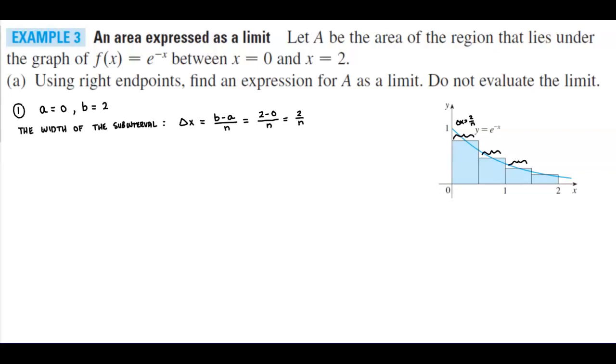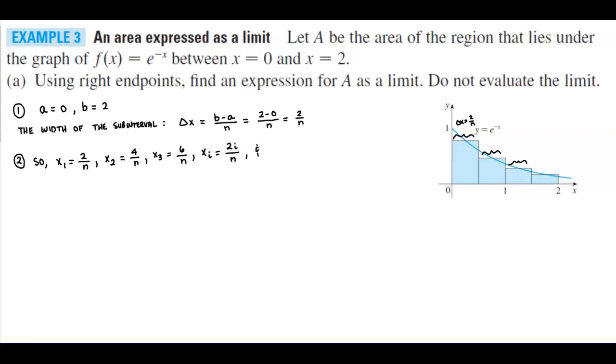So now we're going to say the following. x1 is going to equal 2 over n, and then x2 is going to equal 4 over n, x3 is going to equal 6 over n, which means that x subscript i is going to equal 2 times i over n.